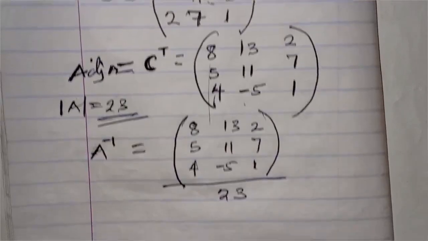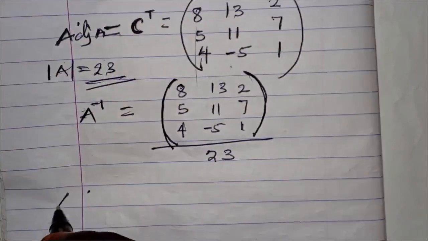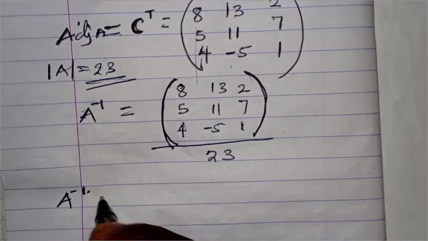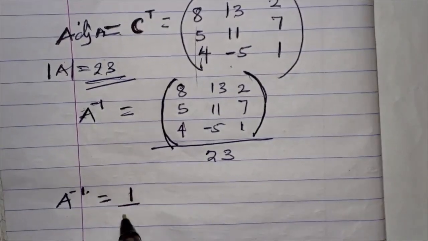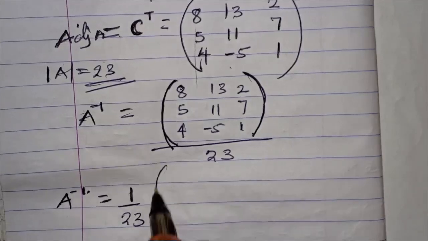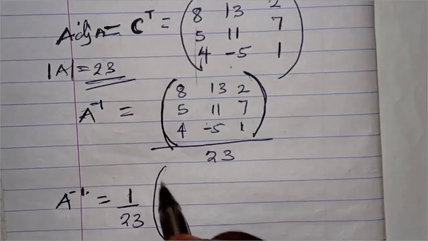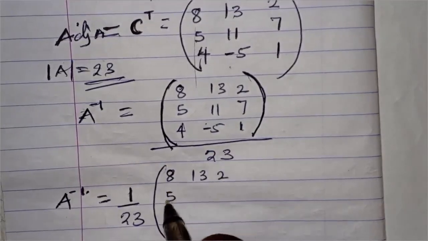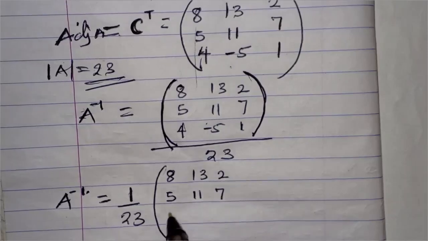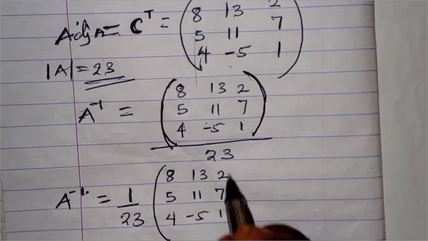So I can write this in two ways. I can say the inverse of A is 1 all over 23 into the adjoint: 8, 13, 2, 5, 11, 7, 4, minus 5, 1.